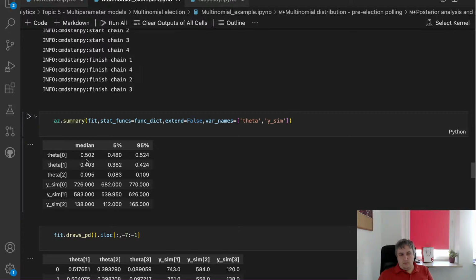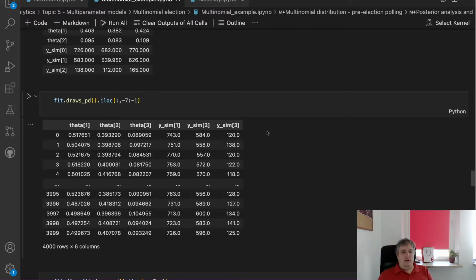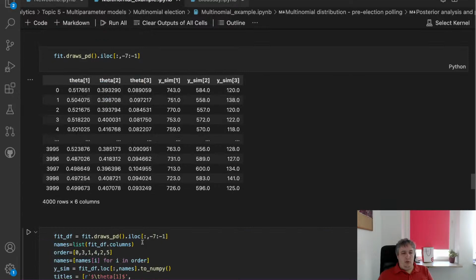The second category gives us 30% and less than 10% for the third category. And these results are really similar to the one actually sampled. And of course, samples from these models, theta's and y's, look like this. So as you can see, they are rather similar to each other.